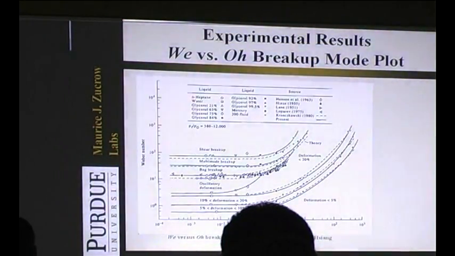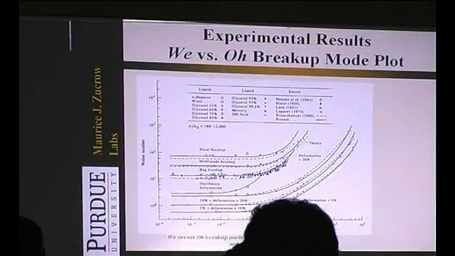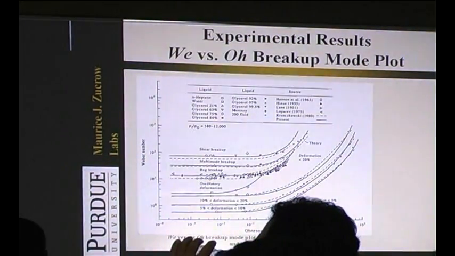So where we would expect to be able to make measurements, for instance, with a phase Doppler analyzer, and then also under what conditions we would expect to see oscillatory deformation, bag, multi-mode, and you can see this is an old plot because the top mode there is called the shear breakup, which we would now refer to as sheet thinning.